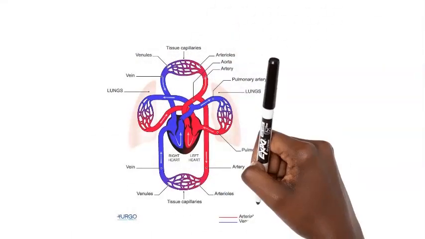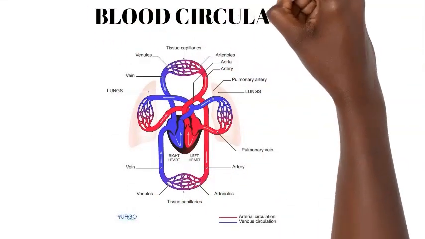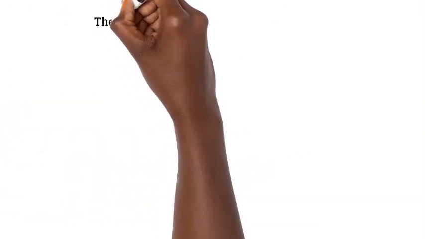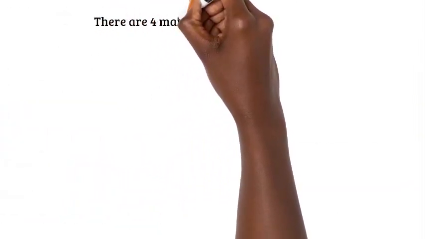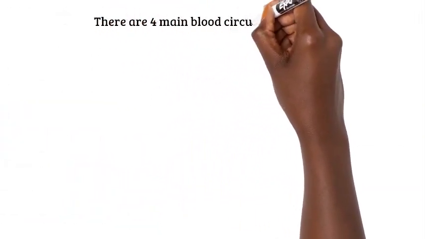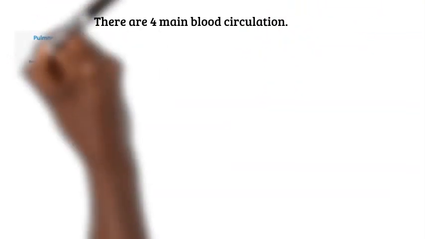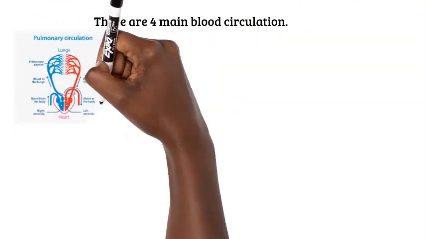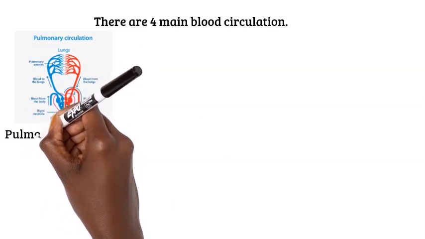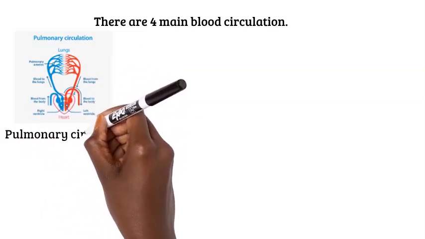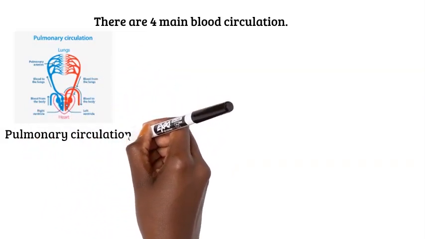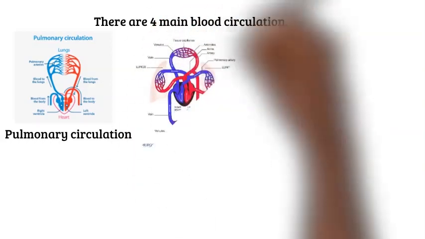Now, blood circulation. There are four main blood circulations. We have the pulmonary circulation, which is the circulation between the right and the left heart.